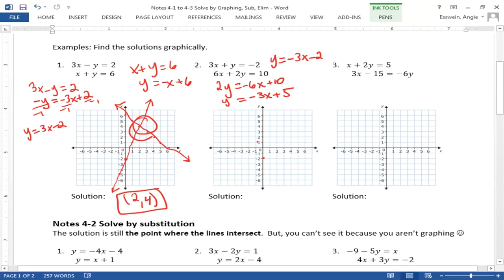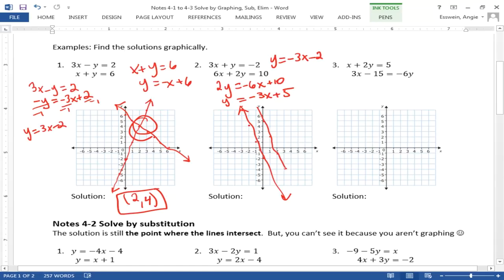If I didn't have room, I could go up 3, left 1. It still has a negative slope. And this one, you start at 5, and you go down 3, right 1, down 3, right 1, down 3, right 1.